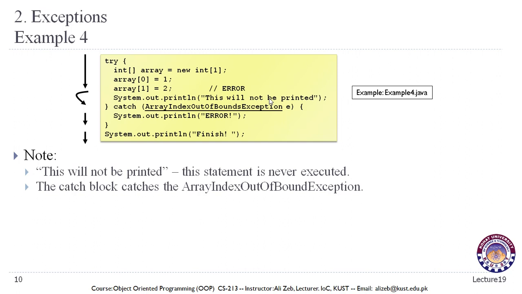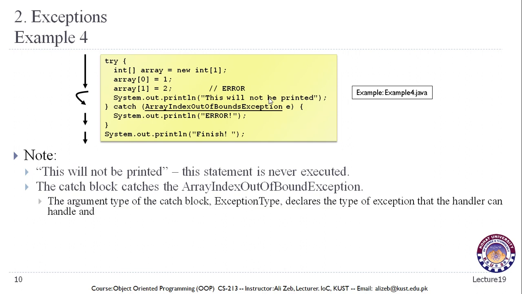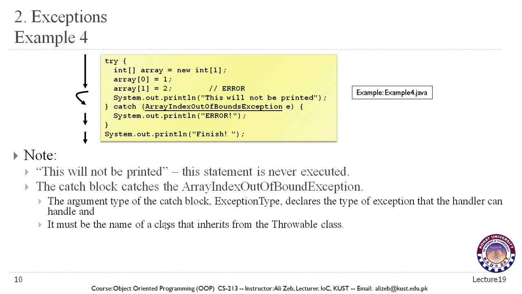Array index out of bounds exception, as we saw previously, is a subclass of the exception class. The argument type of the catch block, the exception type, declares the type of exception that the handler can handle, and it must be the name of a class that inherits from the throwable class.